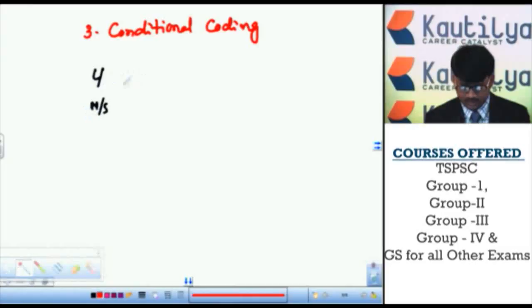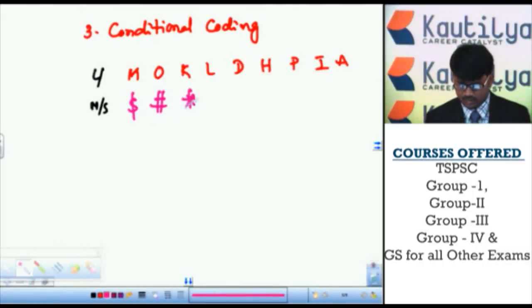Example, the letters are M, O, K, L, D, H, P, I, A, and the codes for them are dollar symbol, hash symbol, star symbol, 9, 6, 3, and at the rate of symbol, 5 and copyright symbol.